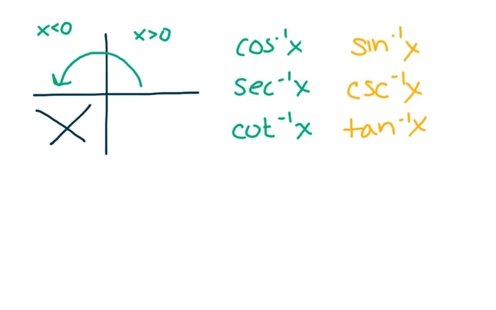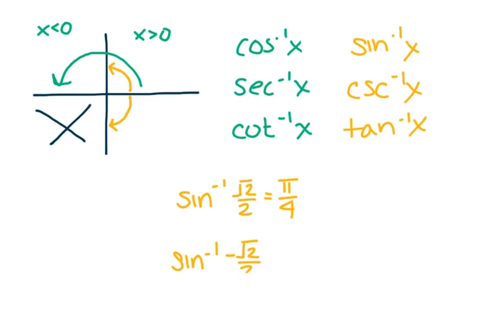The other three functions, inverse sine, inverse cosecant, and inverse tangent, also have limitations. Their limitations are quadrant 1 or quadrant 4, but by going clockwise. So, what angle has a sine of root 2 over 2? That would be 45 degrees, which is the same thing as pi over 4. What angle has a sine of negative root 2 over 2?